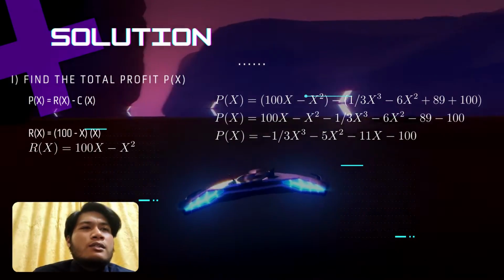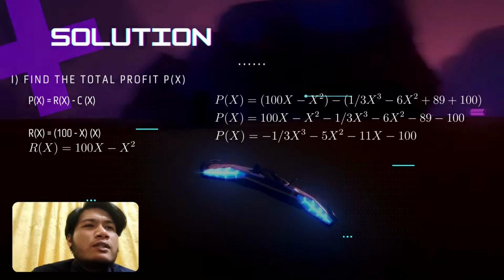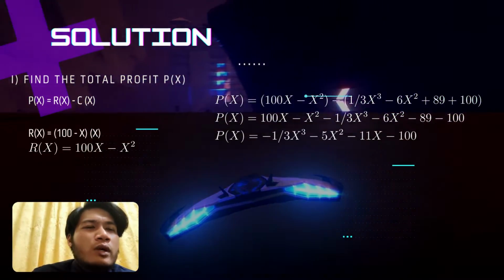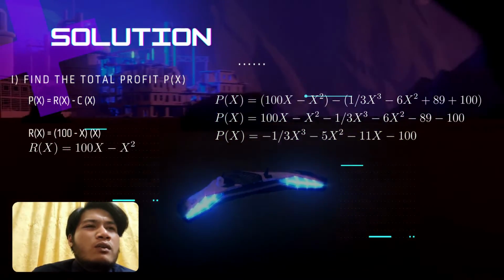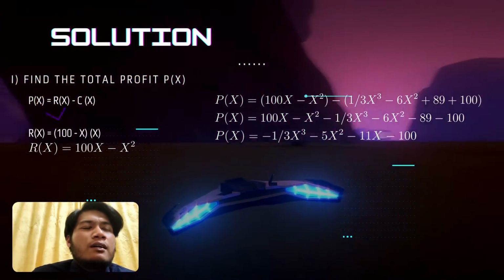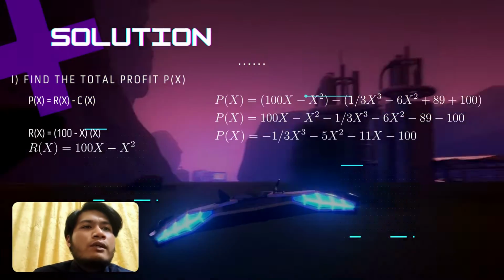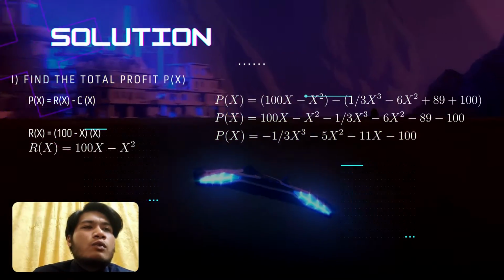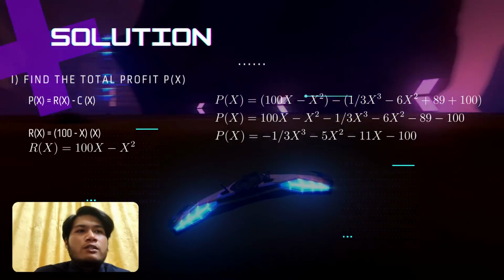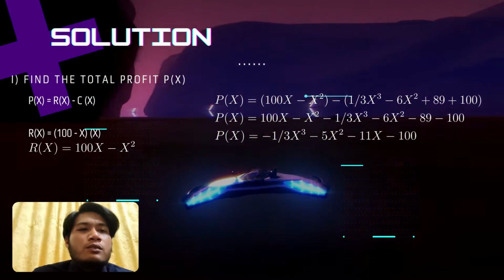After we subtract, 100x minus x squared minus 1 over 3 x cubed plus 6x squared minus 89x minus 100, we get P x equal to negative 1 over 3 x cubed plus 5x squared plus 11x minus 100.